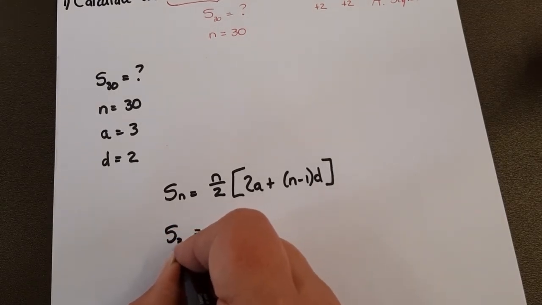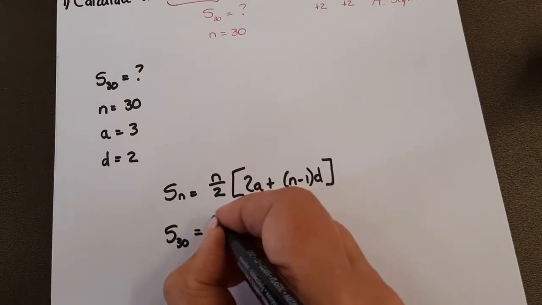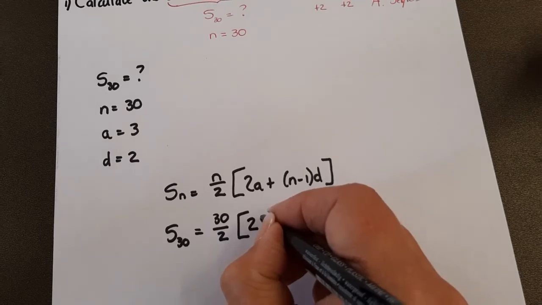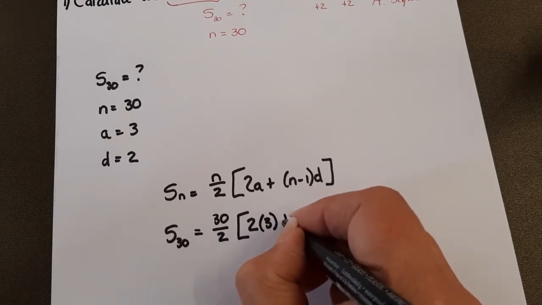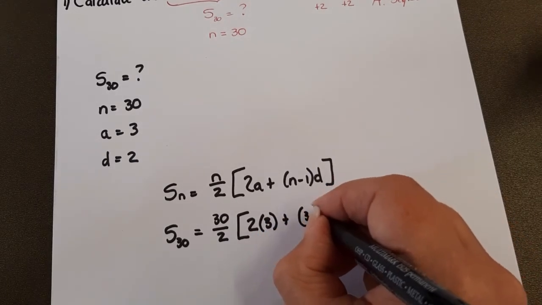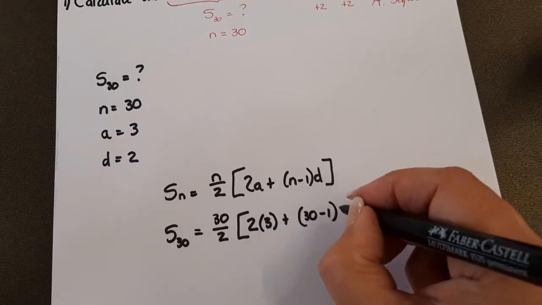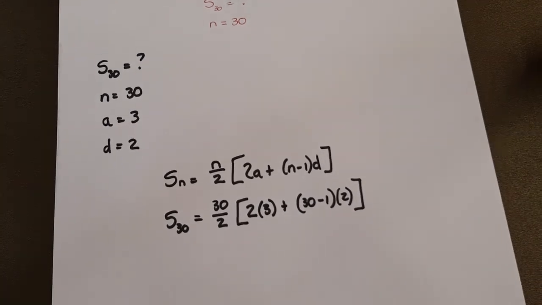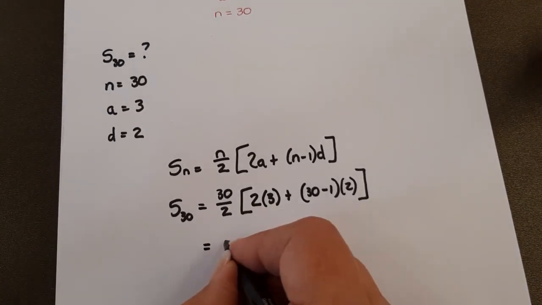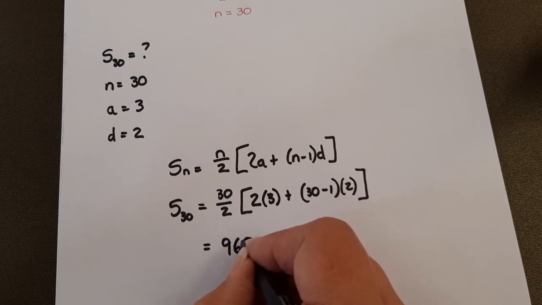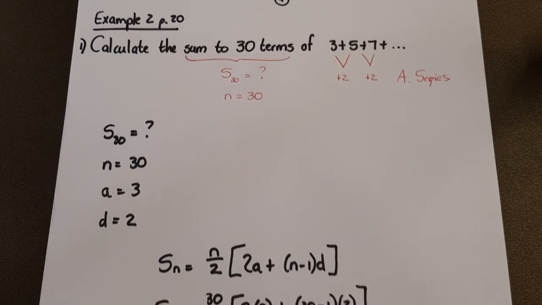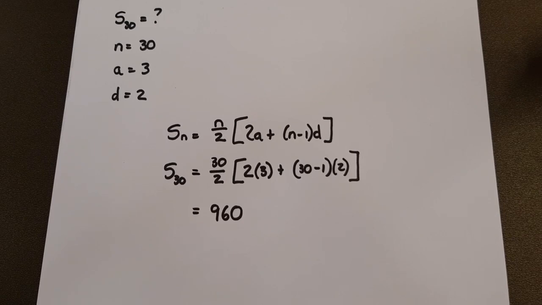The sum of 30 terms will be n, which is 30, over 2 times (2 times a, which is 3, plus (n is 30 minus 1) times 2 for d). And if you type that into your calculator, you will get 960. So for this series, the sum of the first 30 terms will be equal to 960.